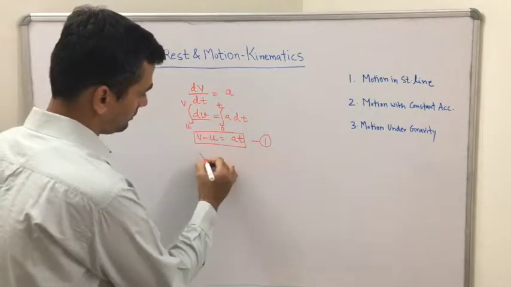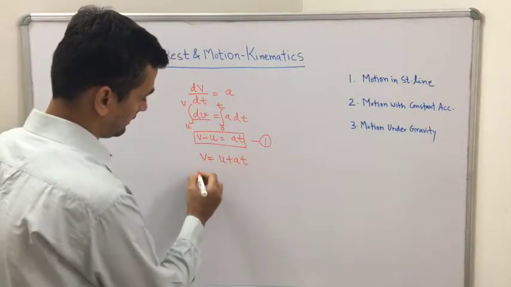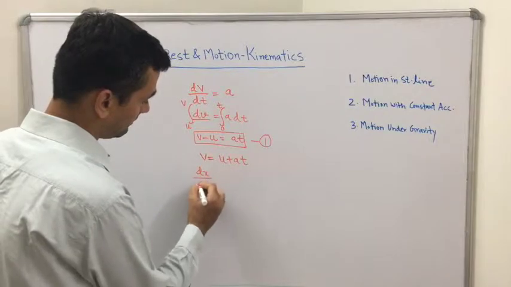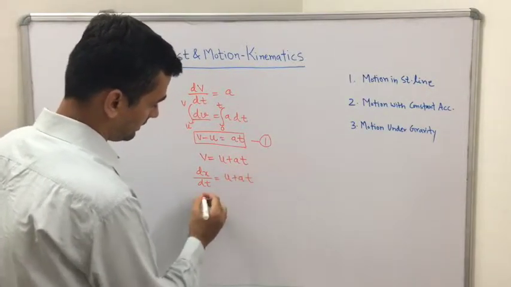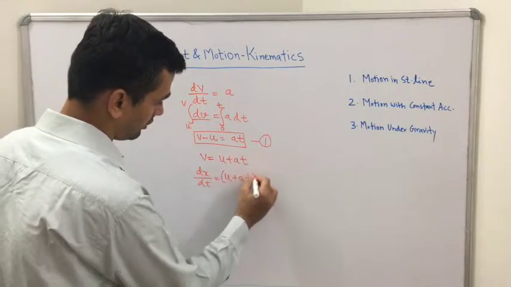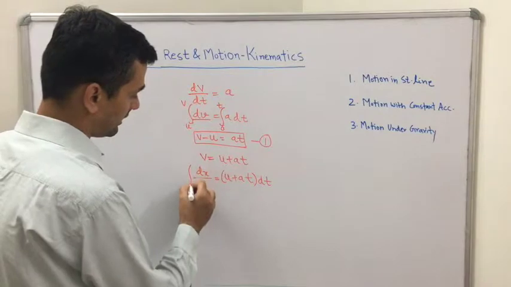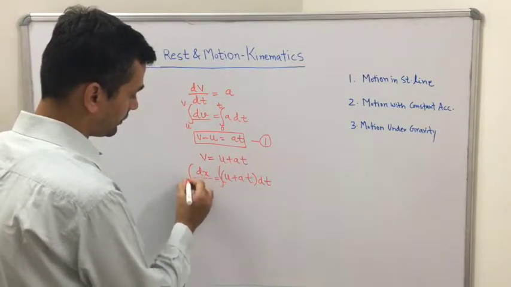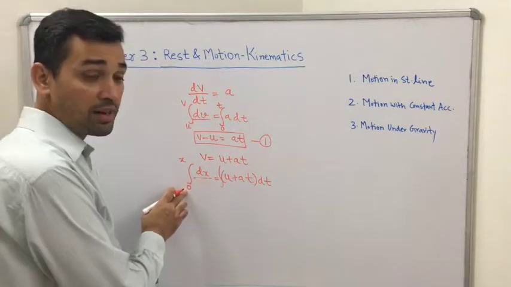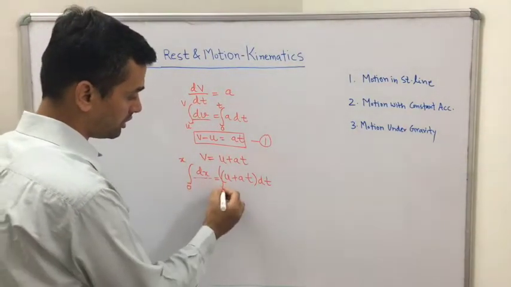So this means I can say v is equal to u plus at. Now this v is nothing but dx by dt, which is equal to u plus at. Or dx is equal to (u plus at) dt. Now I integrate this, so let's say I start at x equal to 0 and t equal to 0 is my origin.